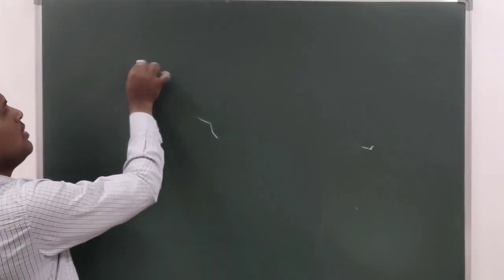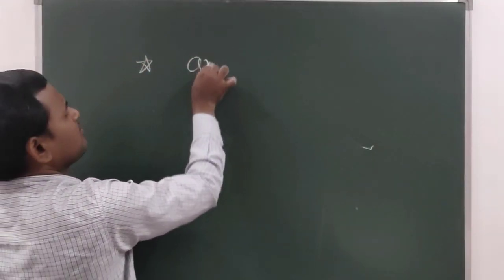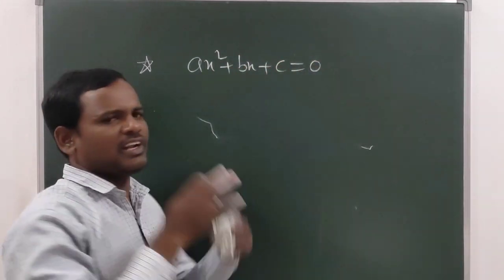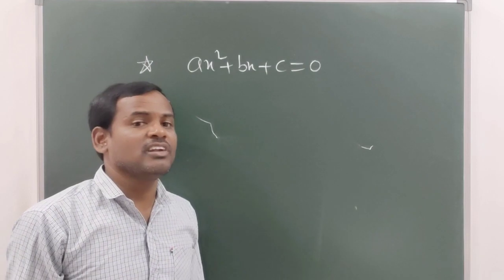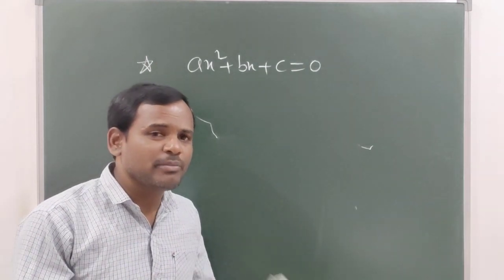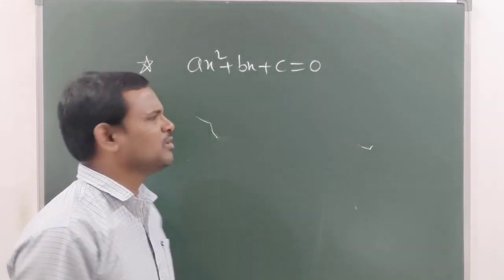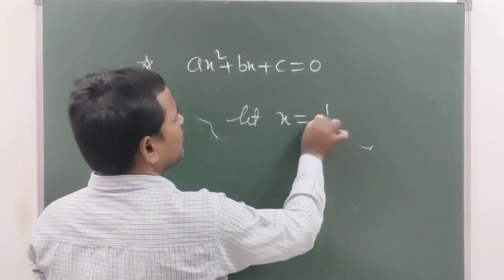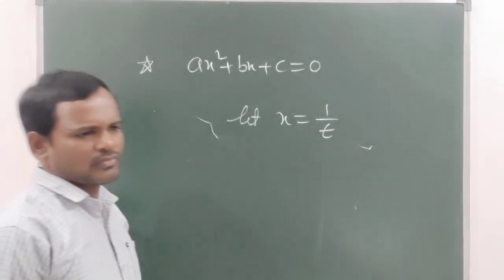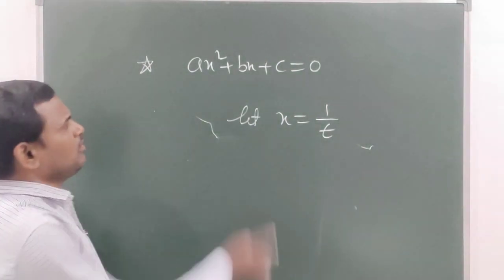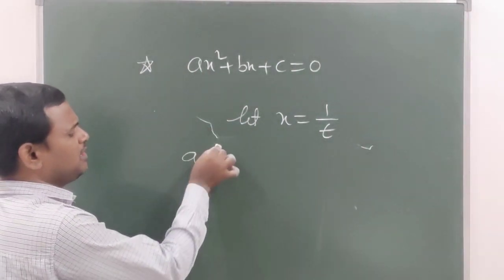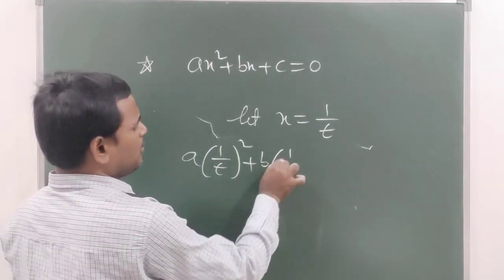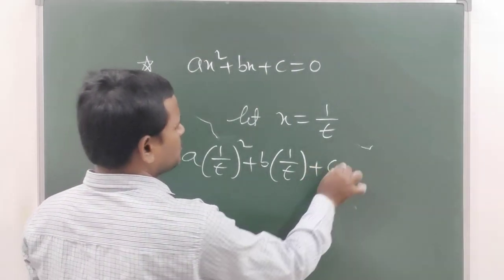Suppose in this given quadratic equation, any one of the roots is infinite. Infinite means a very big value. Let us take that the infinite root is x equal to 1 by t. In the place of x write 1 by t: a into (1 by t) whole square plus b into 1 by t plus c equal to 0.